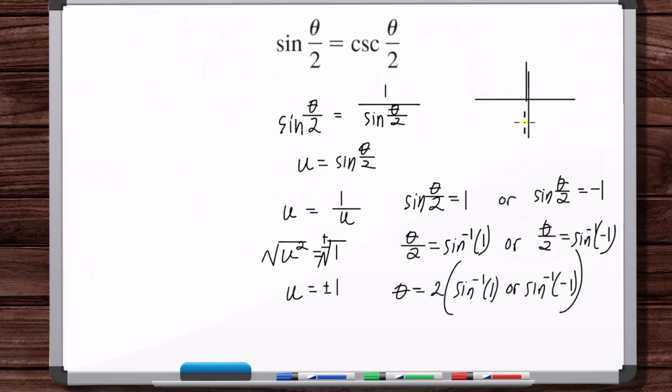Those are the angles where you take the sine and you get 1 or minus 1. So what we're going to have is 90 degrees, 270 degrees, meaning any angle coterminal with those angles. So if you take 90 degrees, 270 degrees, or any angle coterminal, and then you multiply that by 2, that would satisfy this equation.